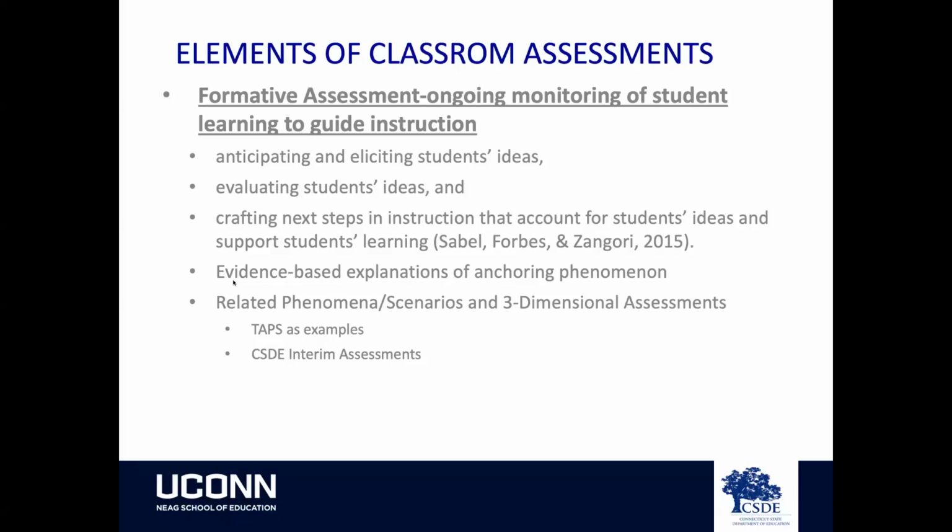We use a lot of model-based instruction in our work, and so we think of models as the sense-making practices that help students get to an evidence-based explanation. But the target of what we're after in the unit is an evidence-based explanation of that anchoring event that started our unit and that we keep coming back to, which was one of our principles earlier.